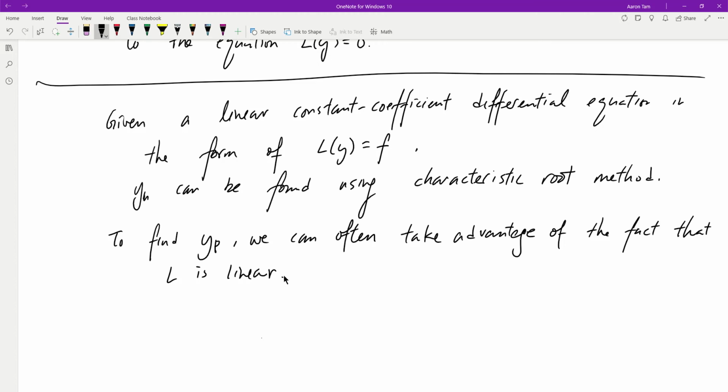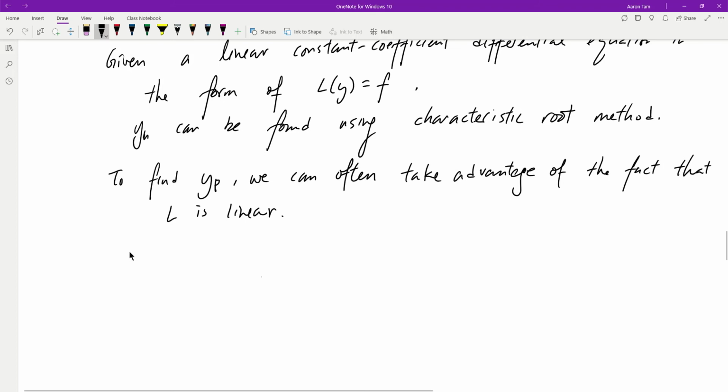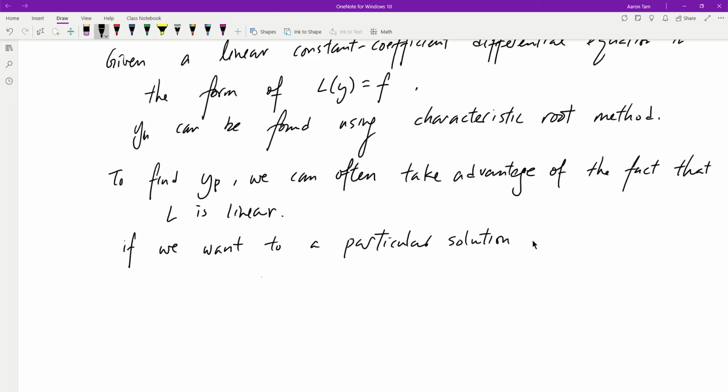So imagine the following. Let's say we want to find a particular solution to a differential equation, L of y equal to a1 f1 plus a2 f2.